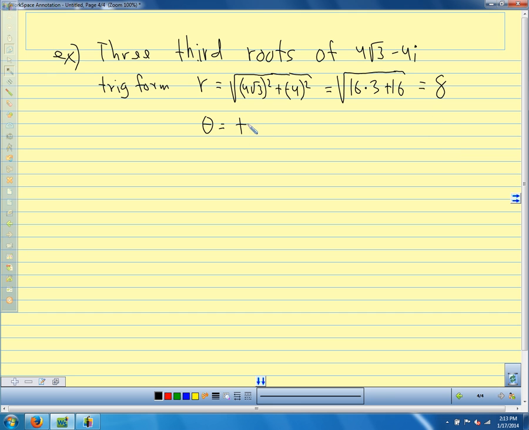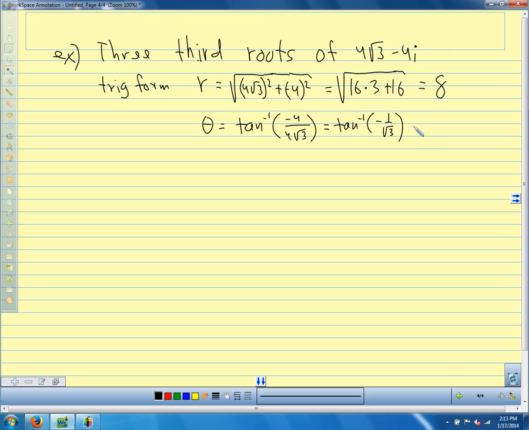Theta is the inverse tangent of negative 4 over 4 square root 3. So we're looking for the inverse tangent of negative 1 over square root 3. And what quadrant are we in? Fourth.